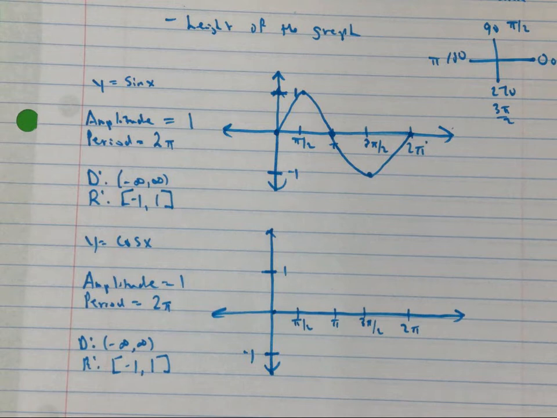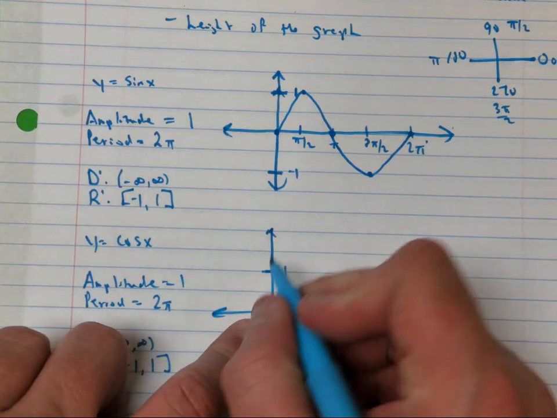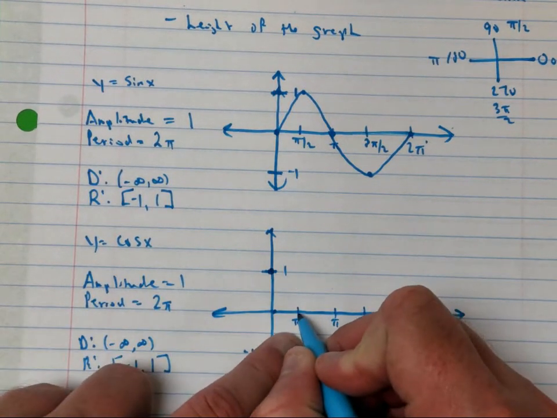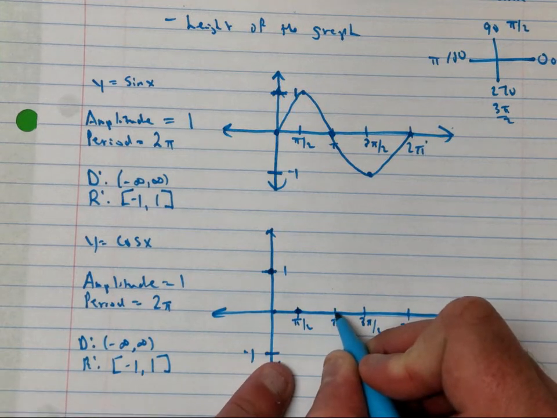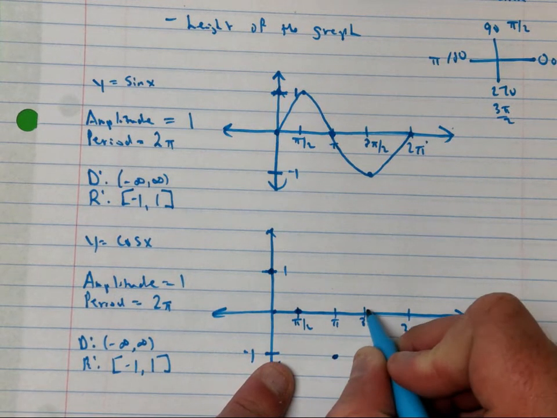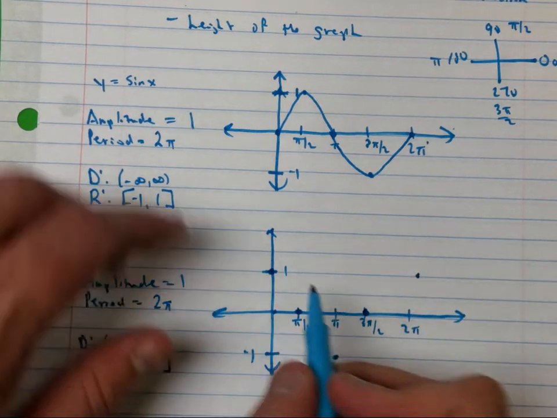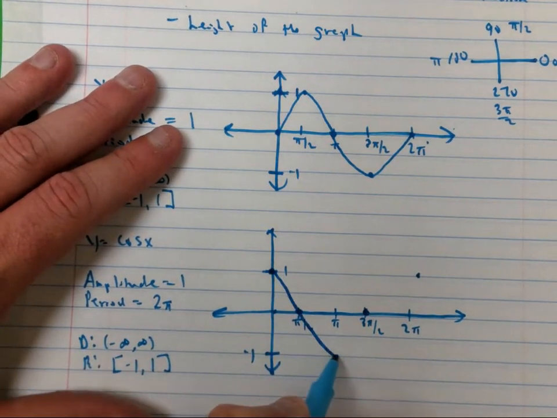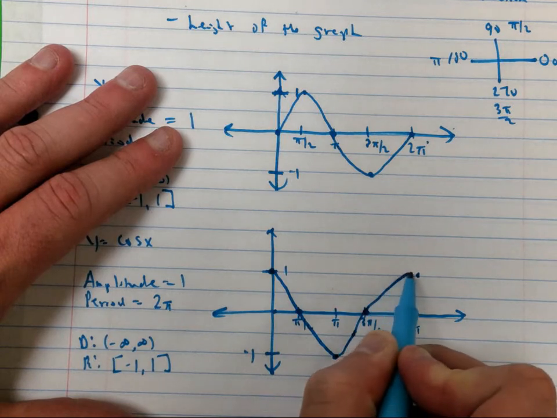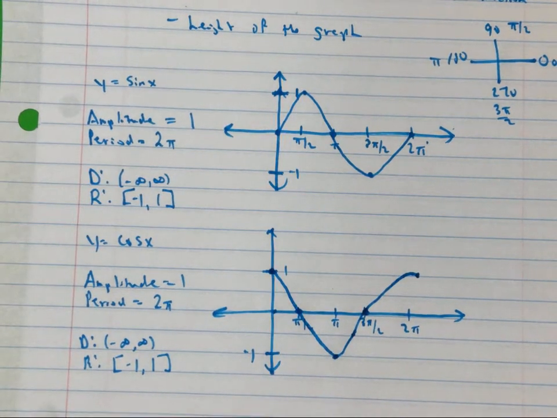Alright, so cosine at 0, that is 1. Cosine at pi over 2 is 0. Cosine of pi is -1. Cosine of 3 pi over 2 is 0. Cosine of 2 pi is 1. And that is my graph for the cosine.